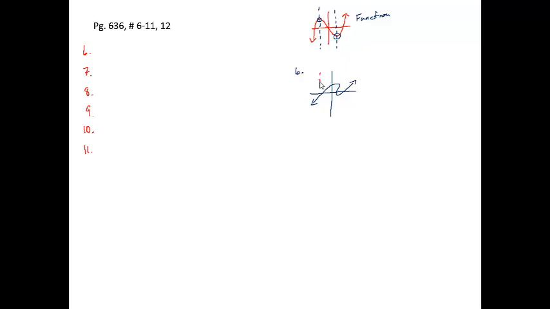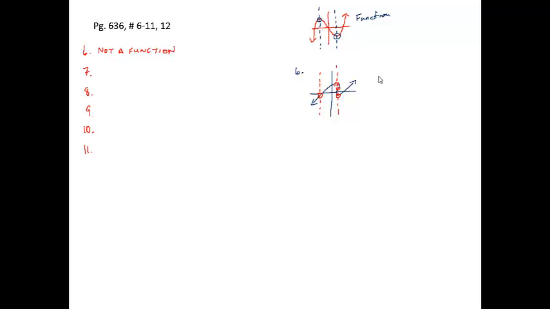If I picked it right here, it will only go to the graph one time. But if I picked it right here, it hits the graph 1, 2, 3 times. So over here you would be thinking, oh, it only hits one time, it's a function. That's not true. If I draw it in another place, it hits it 3 times, and that's not a function. So not a function.